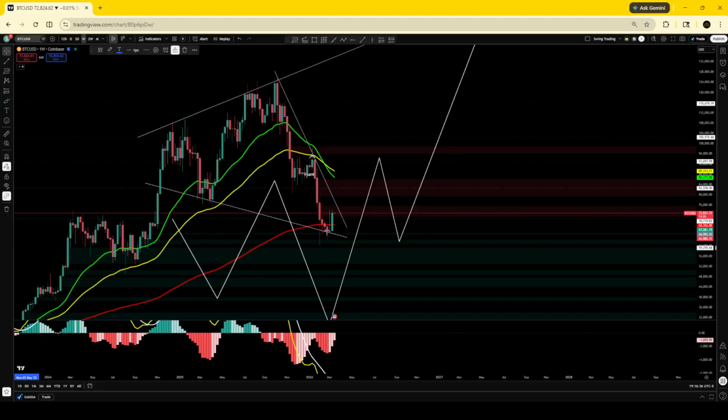Because of this, higher time frames tend to carry more weight. They show the true direction and structure of the market. Lower time frames mostly react to the larger participants and what they are doing.